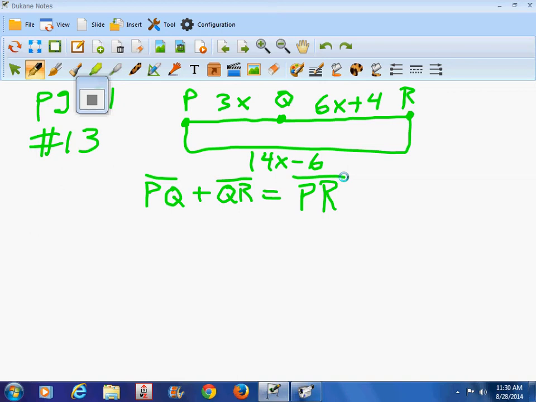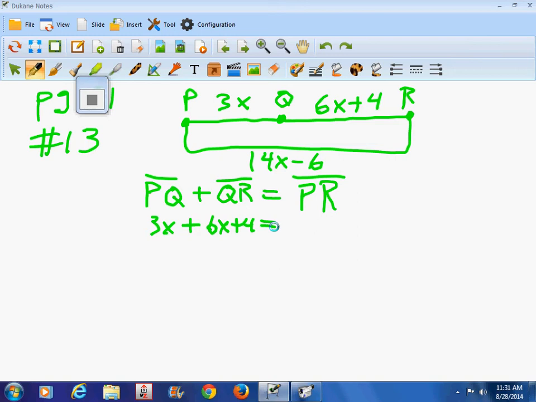So now, okay, Jasmine, what does PQ equal? 3x. Mary Haley, what does QR equal? 6x plus 4. Caitlin, what do I set this all equal to? All right, what is PR?